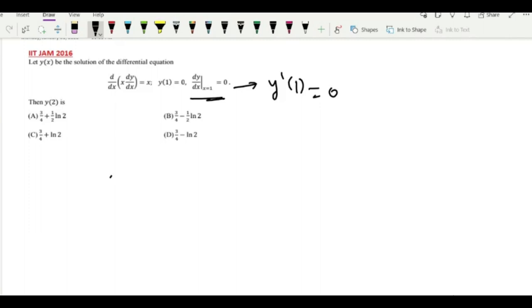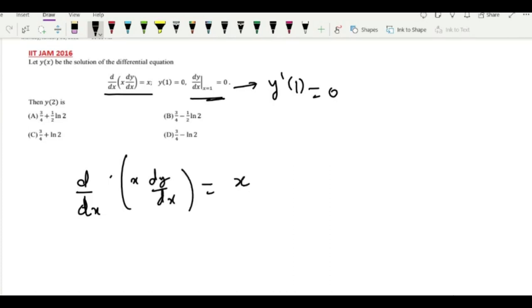So the main problem with this question is we are not getting which type of equation this is. Is this a constant coefficient equation, or a Cauchy-Euler equation, or any other one? So let's just write the equation and solve as much as you can.